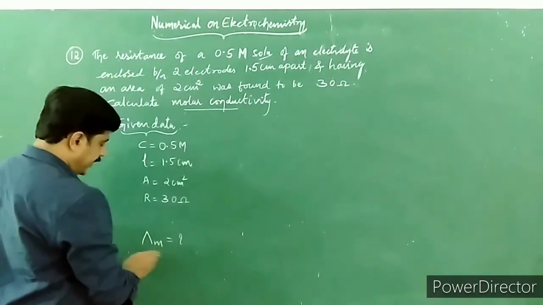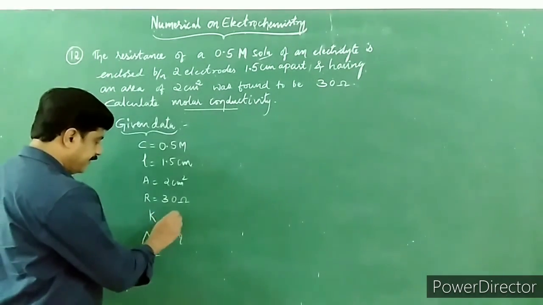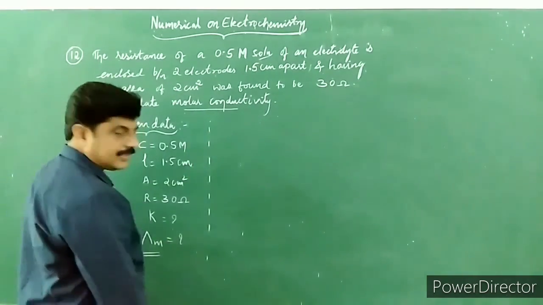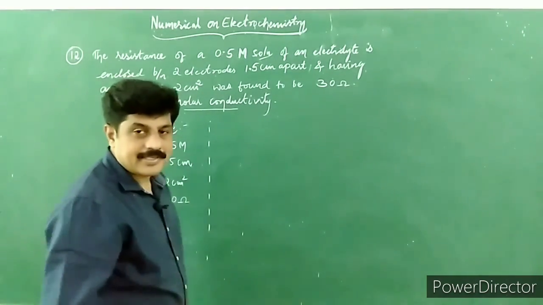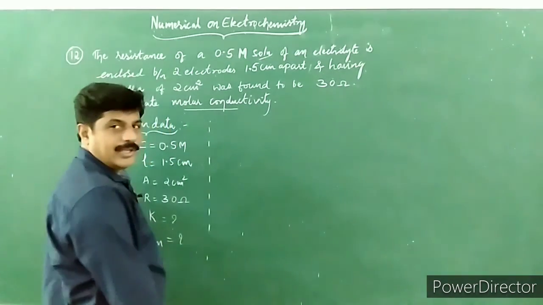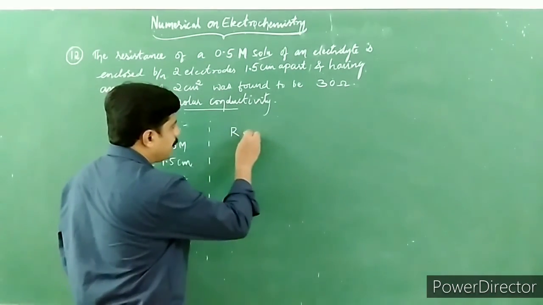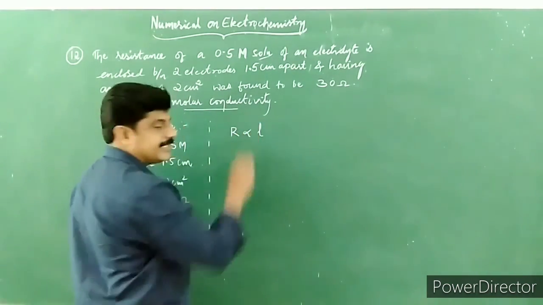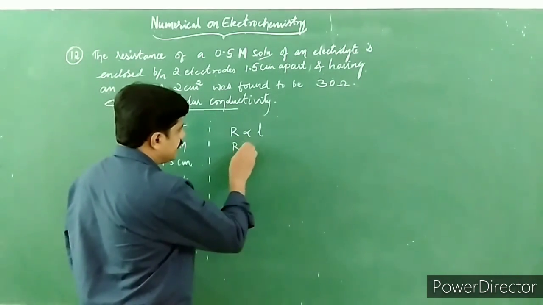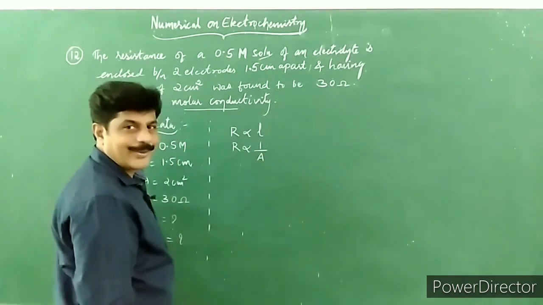Children, in order to find out molar conductivity, you need to find out conductivity first. Let me solve the numerical. Children, while discussing conductance and conductivity, I told you resistance is directly proportional to distance of separation between the two electrodes and inversely proportional to area of the electrode.